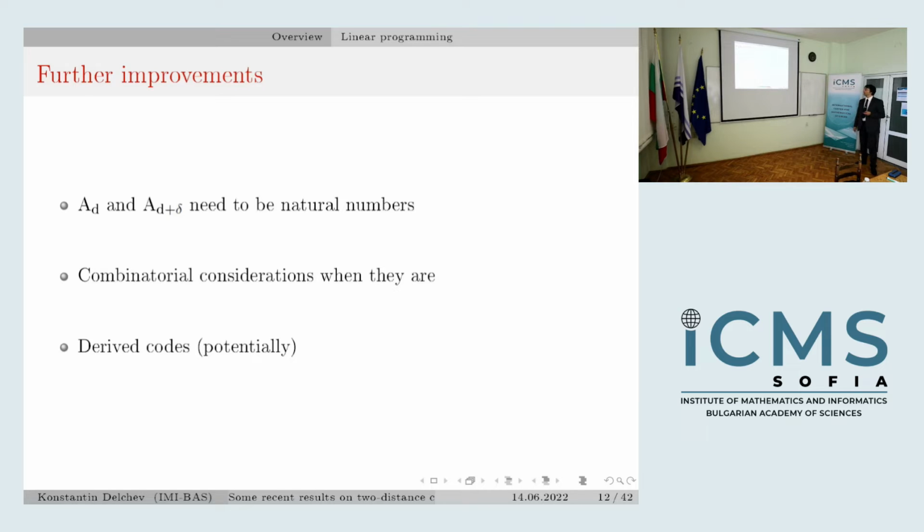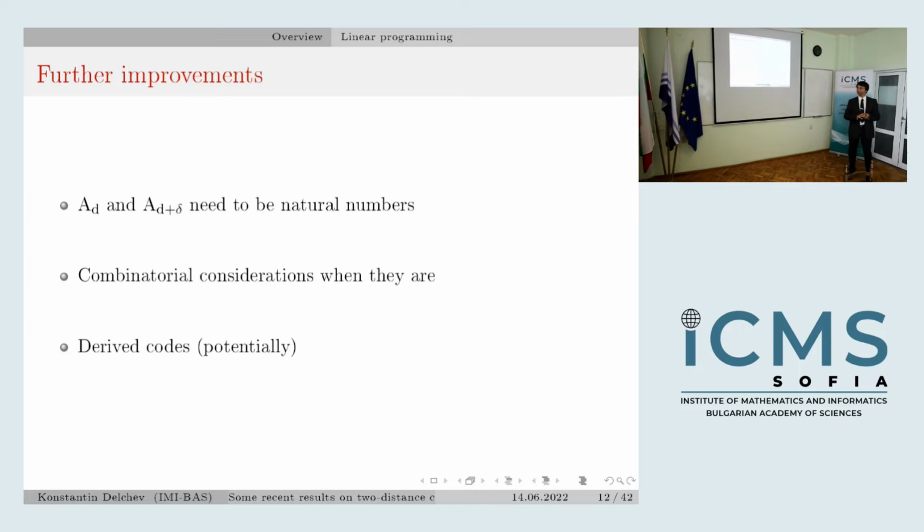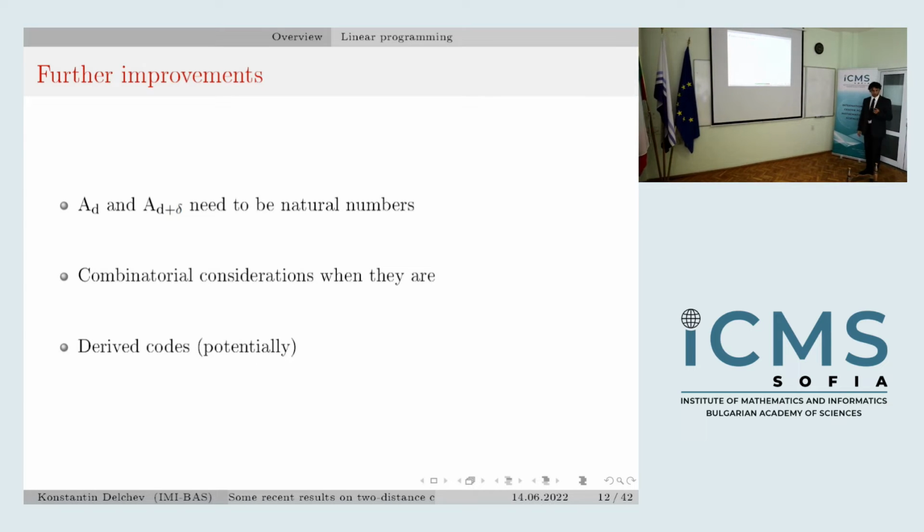And we also have various combinatorial considerations if they are natural numbers. So, okay, maybe they are, but then things may not fit combinatorially or geometrically. And then potentially we also have the mechanism of direct codes where we check codes in a lower dimensionality. These are various ways to improve this bound.